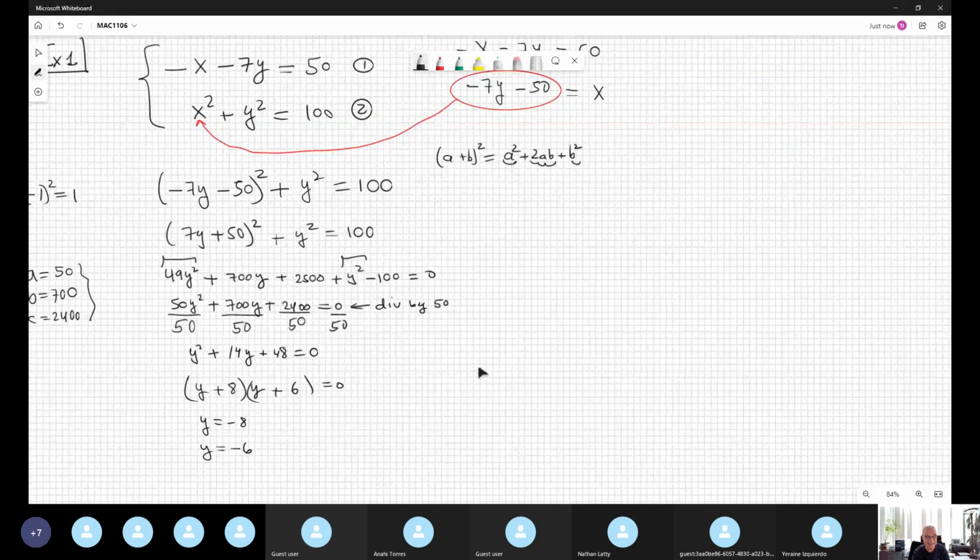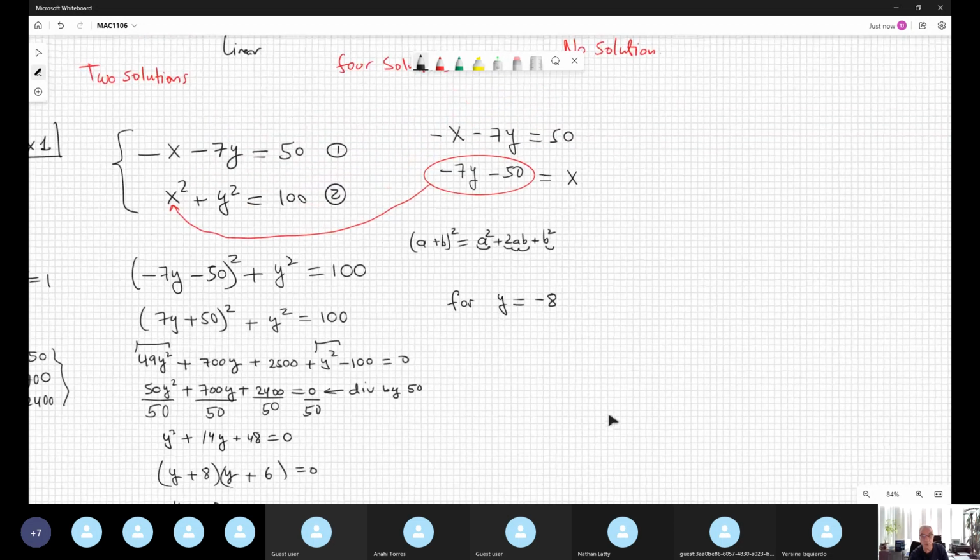So you organize the problem in this order. Look, for y equal minus 8, you plug it in here. This equation is waiting for you, an equation in which x is totally isolated, nice. I'm plugging in.